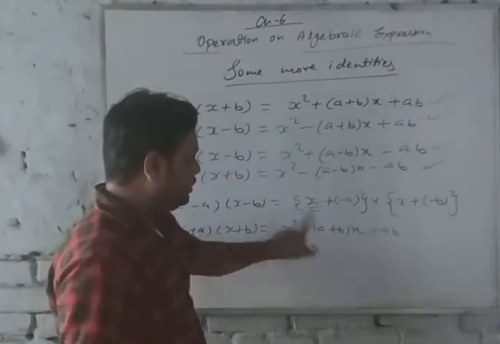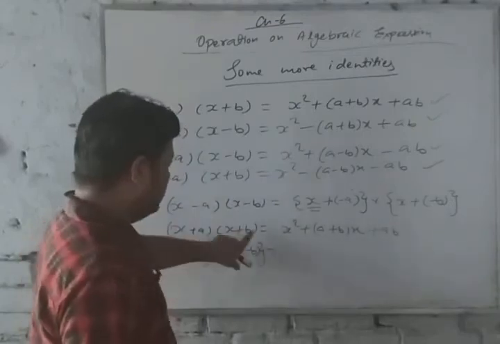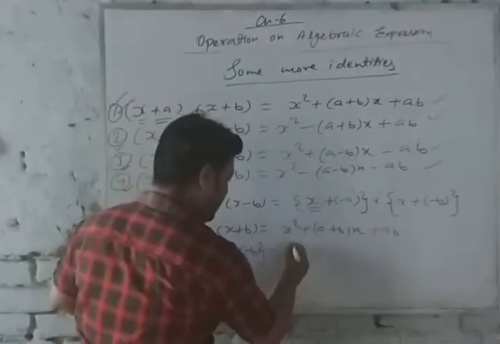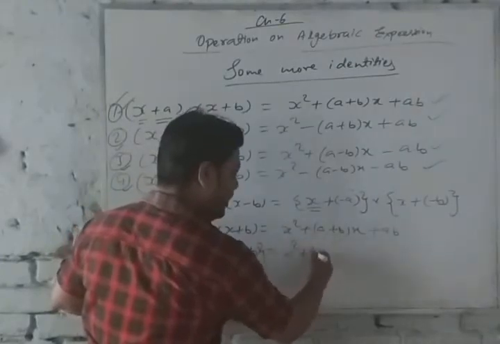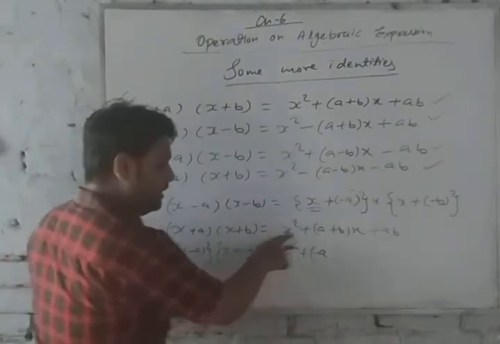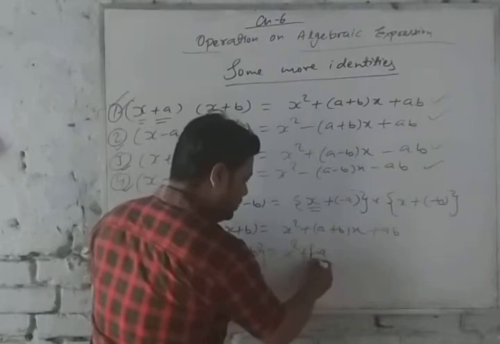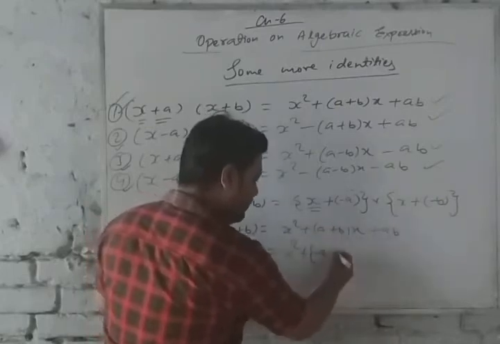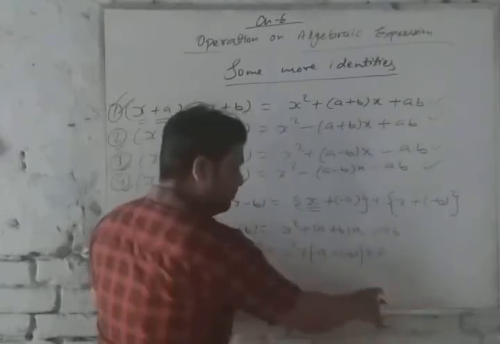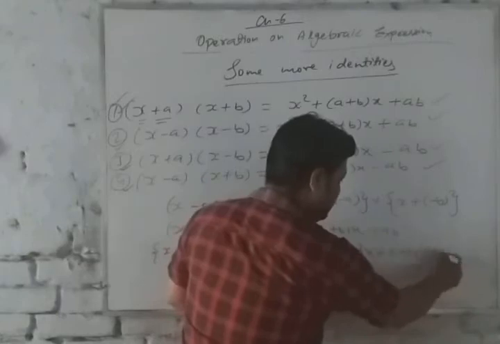We will put the value of a as minus a and the value of b as minus b. So let's see, x square plus, instead of a we will write minus a, and instead of b we will write minus b. Then two signs will never come together, so use this middle bracket. Then what will be the value? Plus minus b. Now here also, instead of a, we will write minus a into minus b.